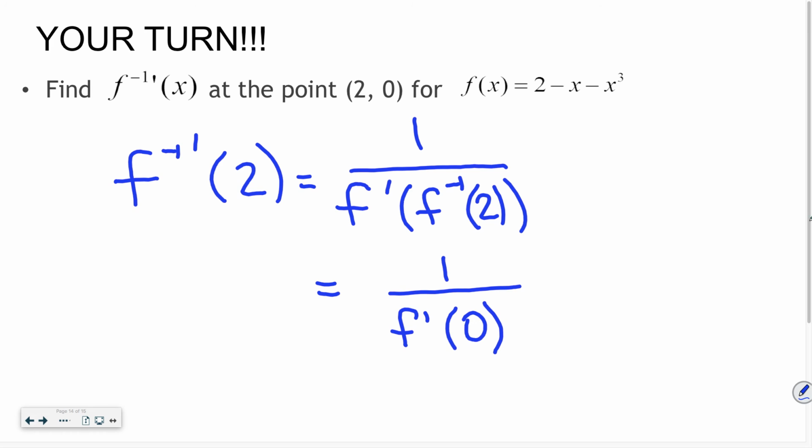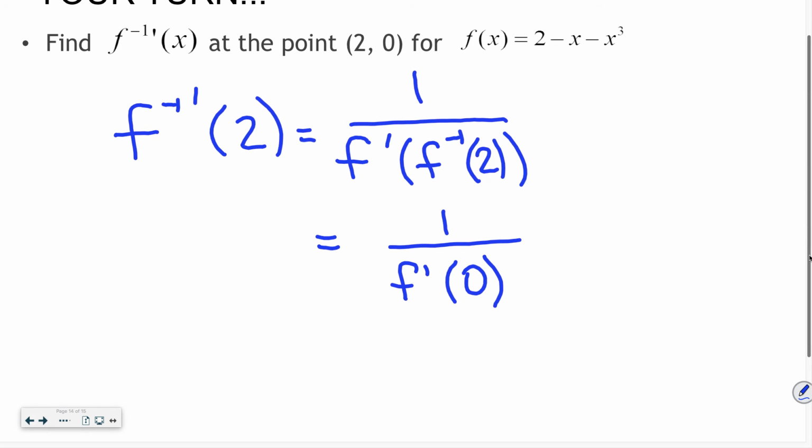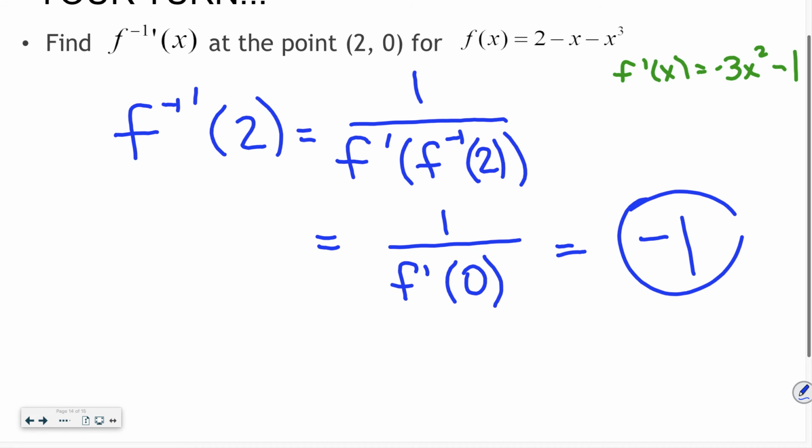So then f prime of 0. Mandy, what is f prime? Negative 3x squared minus 1. And when we plug 0 into that, we get negative 1. So we have 1 over negative 1 is negative 1.